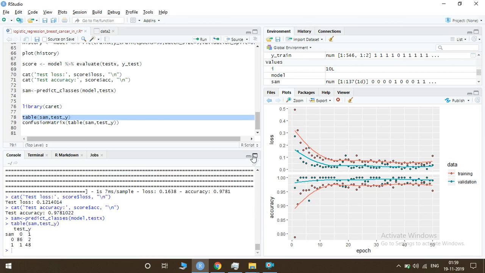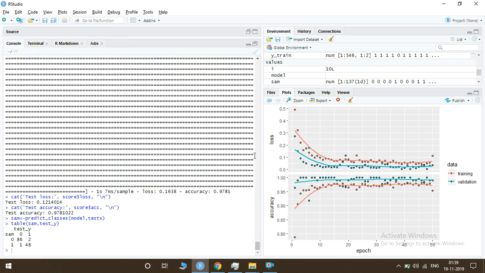Over here we can see that when the model says the person has malignant cancer or whatever the category might be, it is 86, and the test results are also 86. However, there were two instances when our model said it's a benign cancer, but it was a malignant cancer.